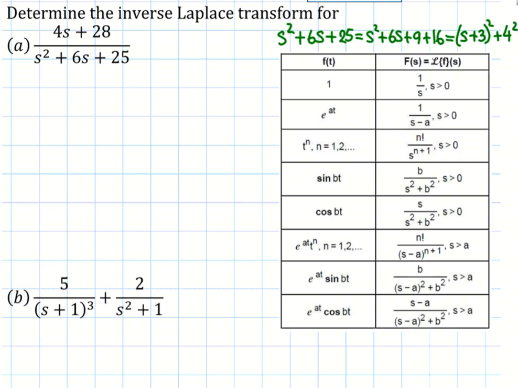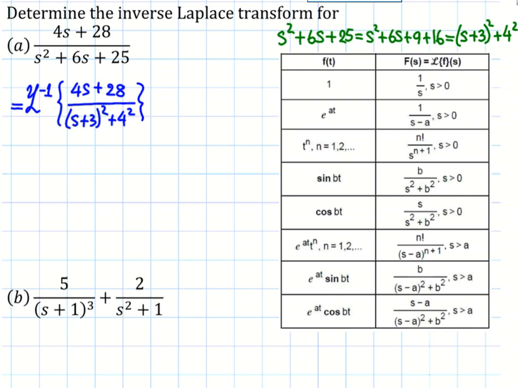So the top, we will write, let's just say we're going to find the inverse Laplace transform. The top will be 4s plus 28. The bottom, we're going to write (s plus 3) squared plus 4 squared.